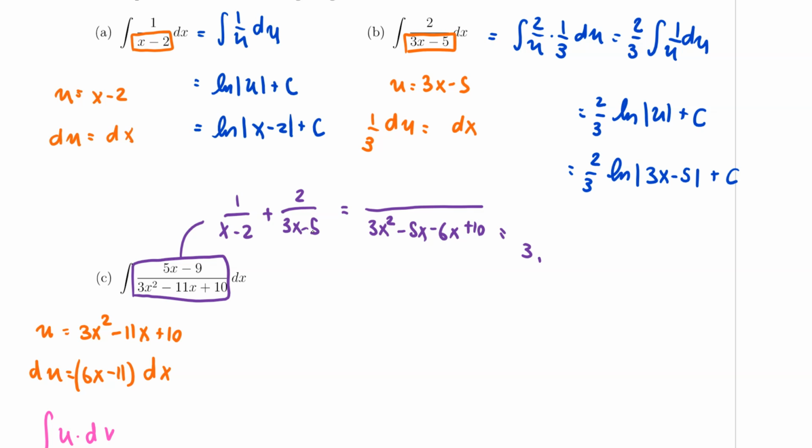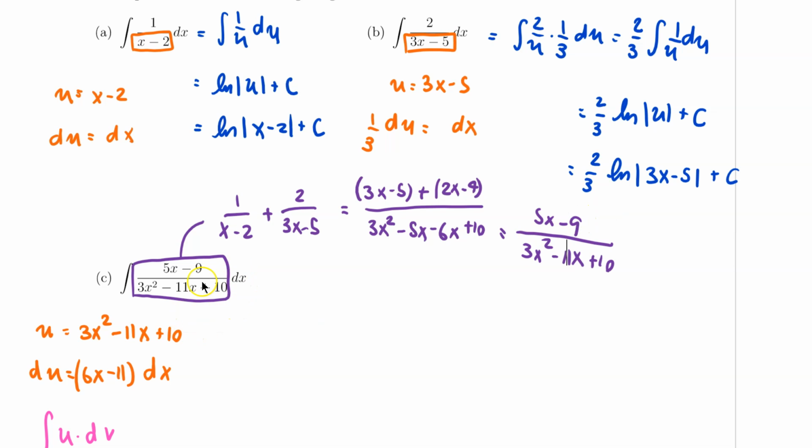So that's 3x squared minus 11x plus 10 in the denominator, the same thing that we see here. For the numerator, I cross multiply, so that's 3x minus 5 times 1, which is 3x minus 5, plus I multiply x minus 2 by 2, so that's 2x minus 4. Once I add these two things, that's going to be 5x minus 9. So that's what we see here.